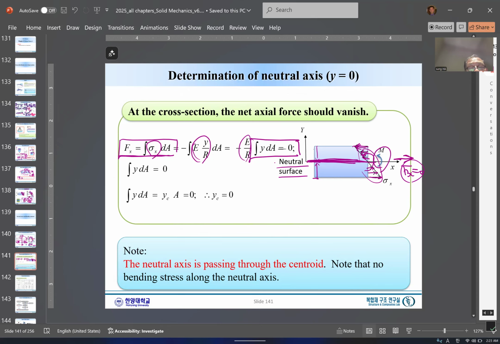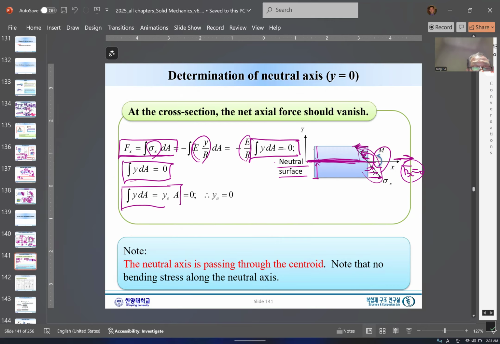It is very similar to the definition of a center of mass. So for any cross section, the y position should be determined so that the integration of y dA is zero.